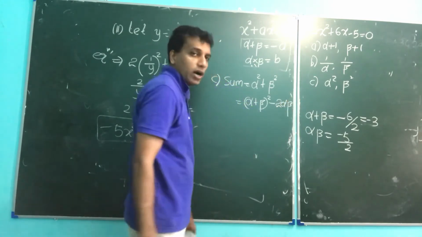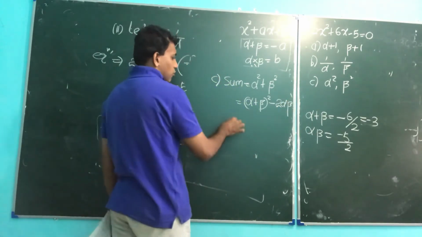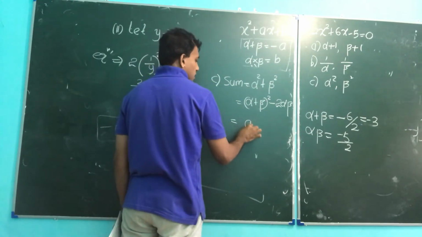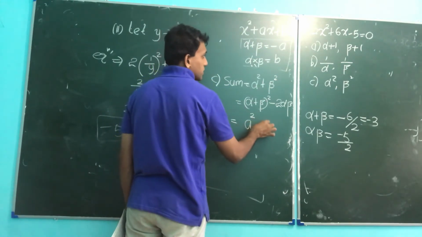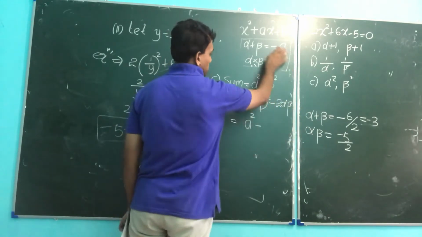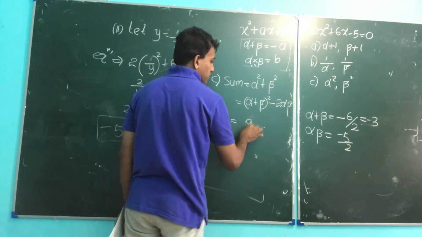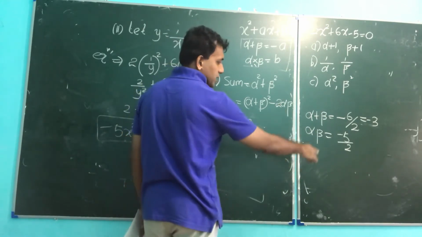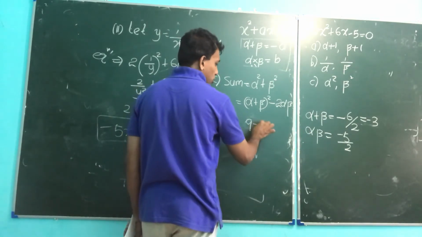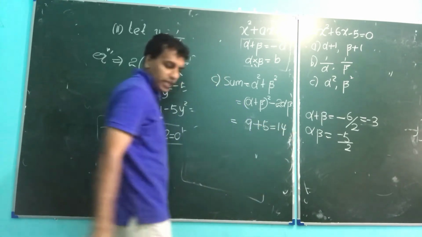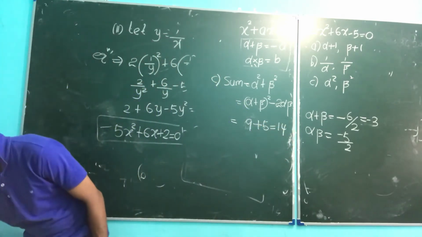Therefore alpha plus beta whole square minus 2 alpha beta. Here alpha plus beta is 9. What is 2 alpha beta? 2 alpha beta is minus 5. So plus 5, 14. Okay, 14 is the answer, summation.